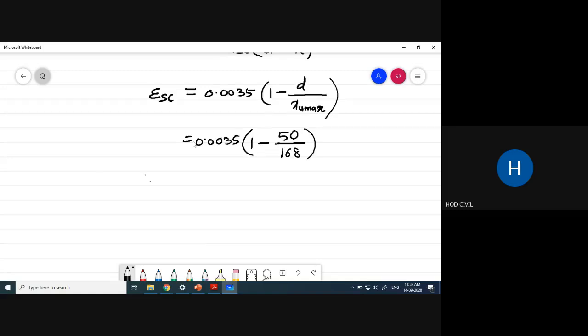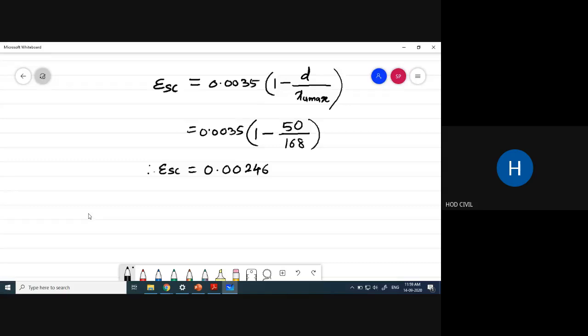Okay, so tell me epsilon SC. 2.46 into 10 raised to power minus 3. Tell me the decimal point. 0.00246. Okay.